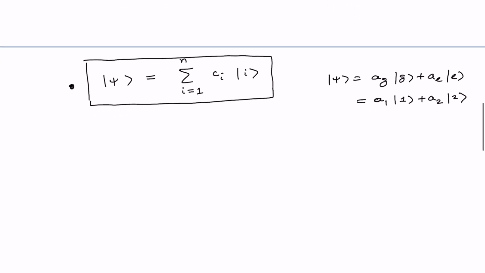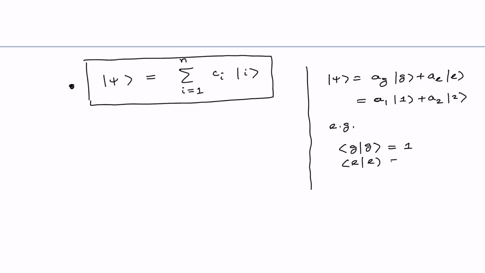Also, you know that different basis states are orthogonal to one another and normalized with themselves. For example, in the two-dimensional case, ket z is normalized with itself, so the scalar product of z with z is equal to 1, and the scalar product of e with e is equal to 1.